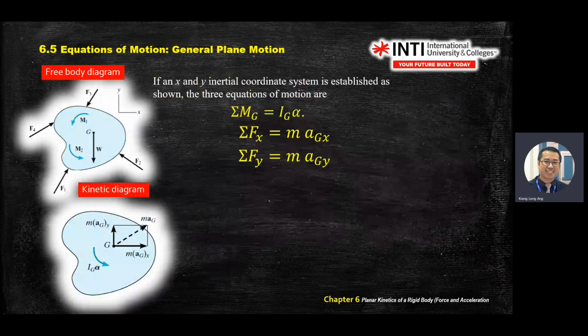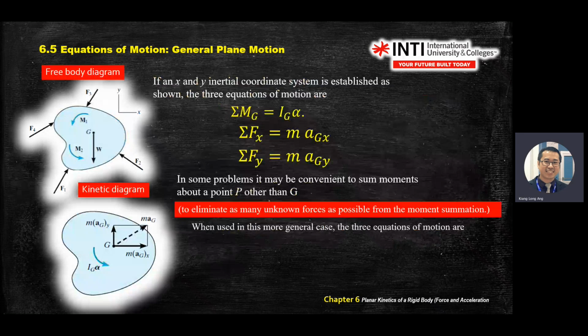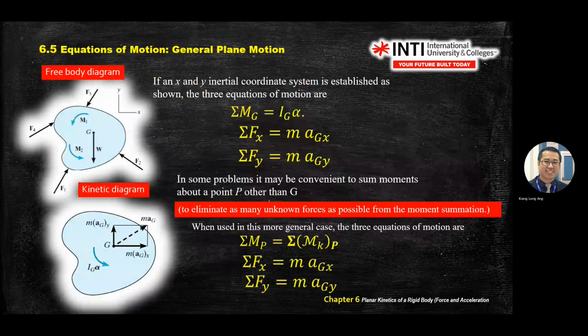Just that now your moment about G equals I_G alpha. I_G is from the table. So for some problems, it may be convenient to sum the moment about point P other than G. Sometimes you focus on point O, not G, but you shift to another point.